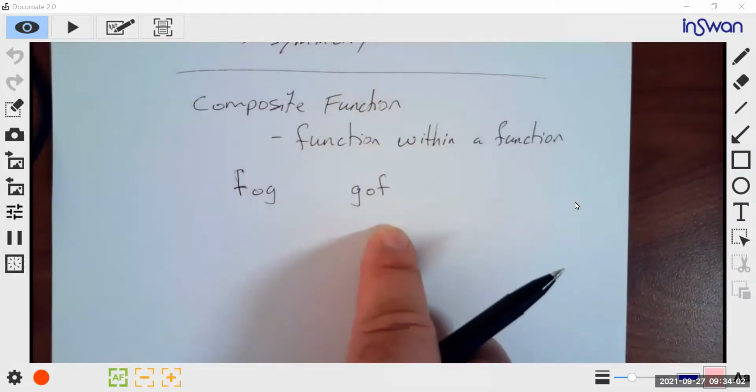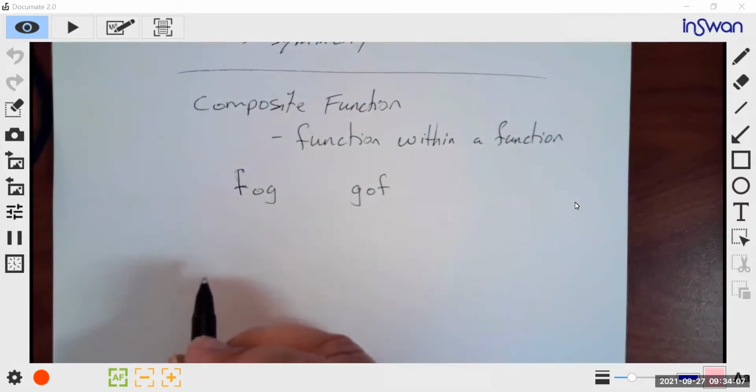These are not words, Fogg and Goff. It's actually the math symbol, but we just call it Fogg-Goff. It sounds really bad.